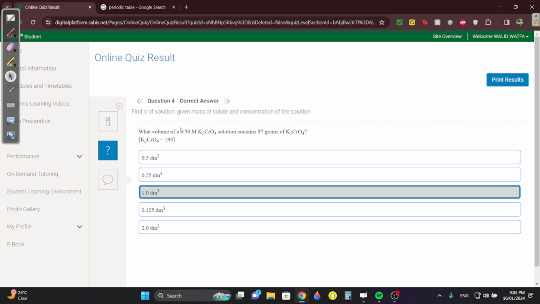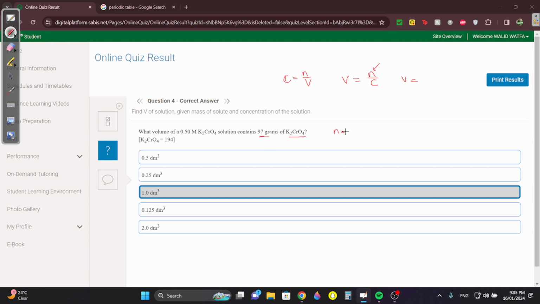What volume of 0.5 molar solution contains 97 grams? It's always C equals n over V, so volume equals n over C. V equals n over C. So you need the moles, and here they gave you 97 grams of K2CrO4.